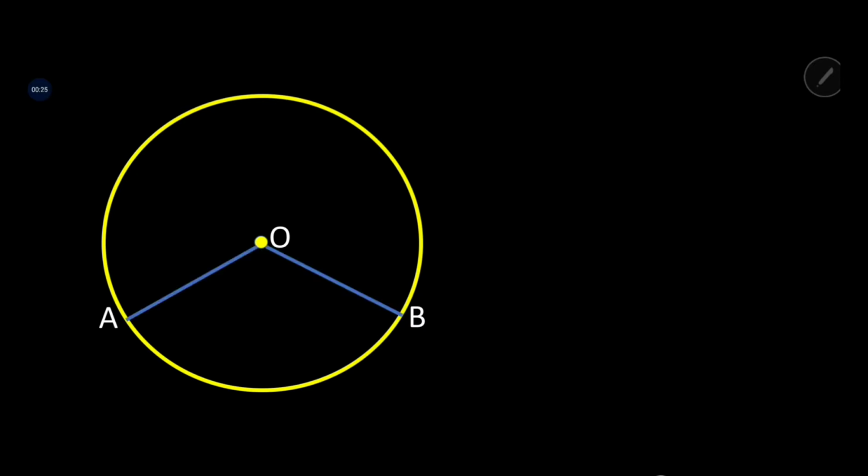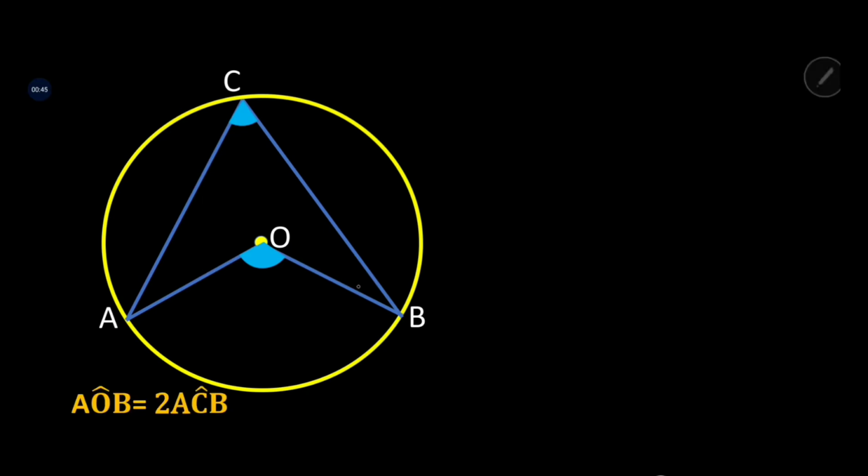So we've used this arc to form angle AOB. Okay, and we're looking at the obtuse angle here, not the reflex. We're going to use the same arc to form another angle ACB like that. So the theorem says an angle that is subtended at the center by an arc is twice the angle that is subtended at the circumference by the same arc.